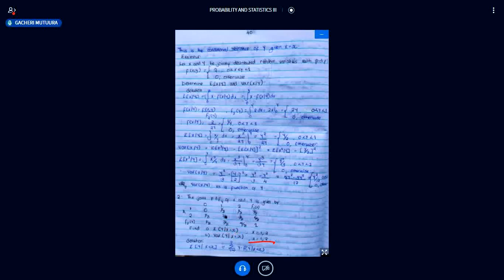After we obtain it, we just need to substitute for when x is 1 and when x is 2, and we'll get the constant expected value. Same as for the variance. Once we obtain the variance of y given x, it will be a function of x. So we'll just substitute for when x is 1 and when x is 2, and we get the constant value of the variance when x assumes those two values.